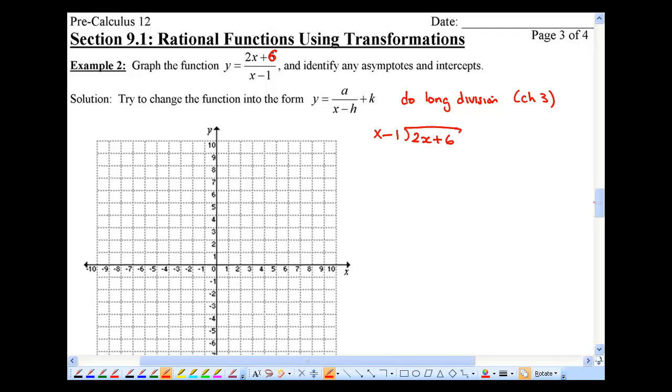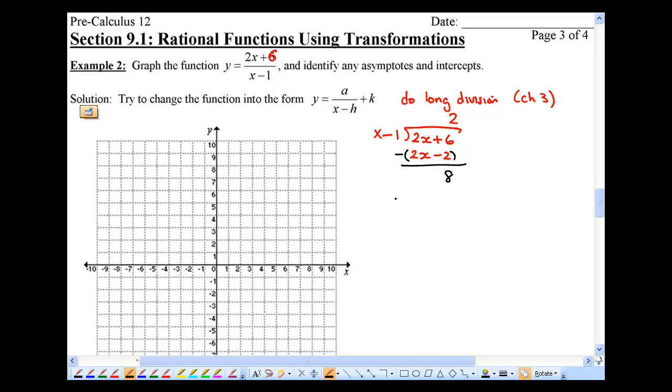This is where you ask yourself, x times what gives you 2x? And I hope most of you say 2. And then you go 2 times x minus 1, which becomes 2x minus 2. Then you subtract. 2x minus 2x is 0. 6 take away negative 2 is 8.